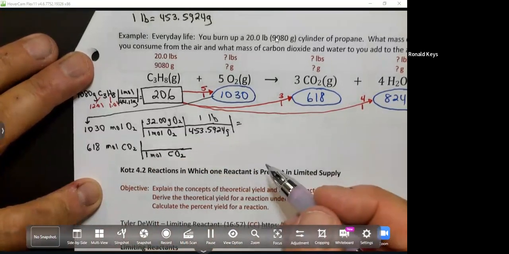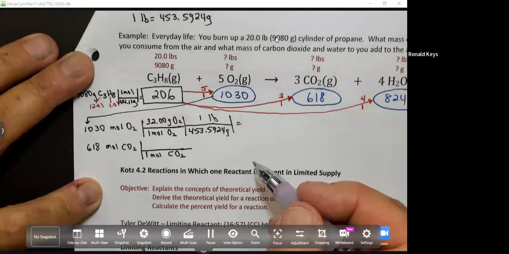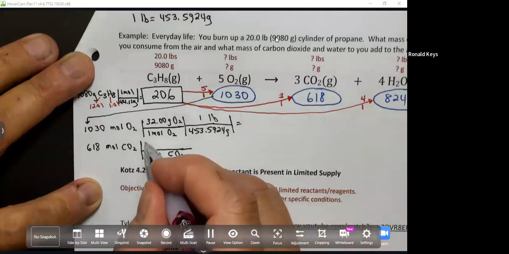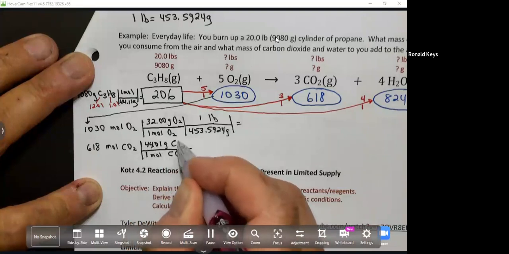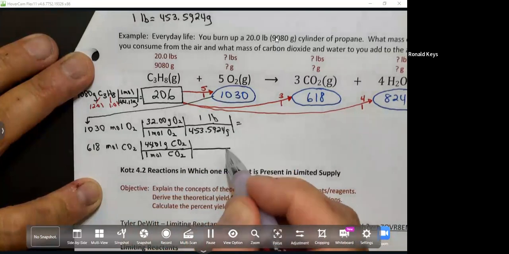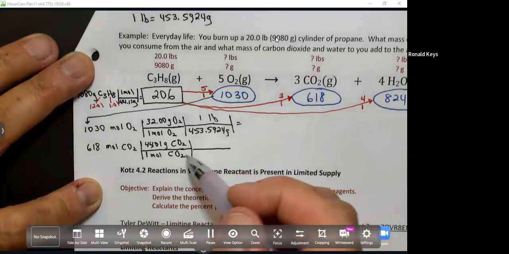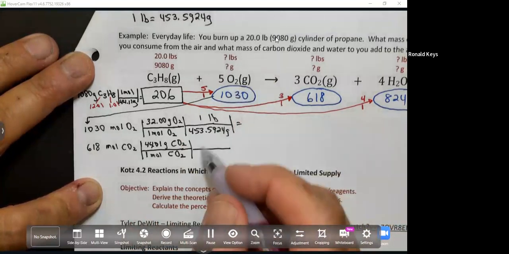One mole of CO2. How many grams? 34.01 grams of CO2. And we can stop right here. You can put your gram answers and your pound answer.